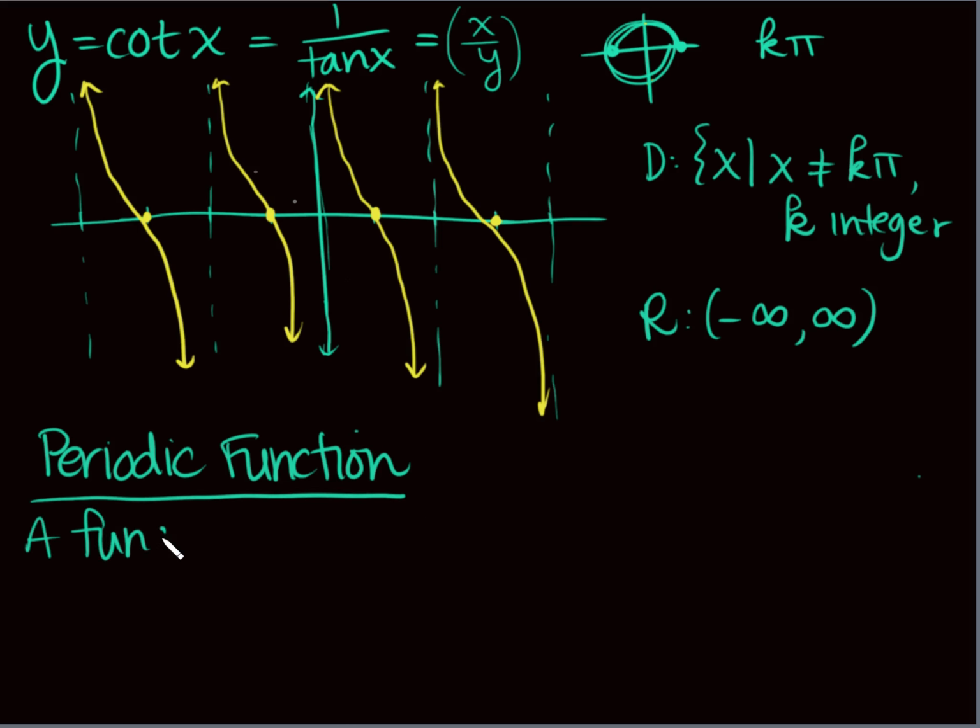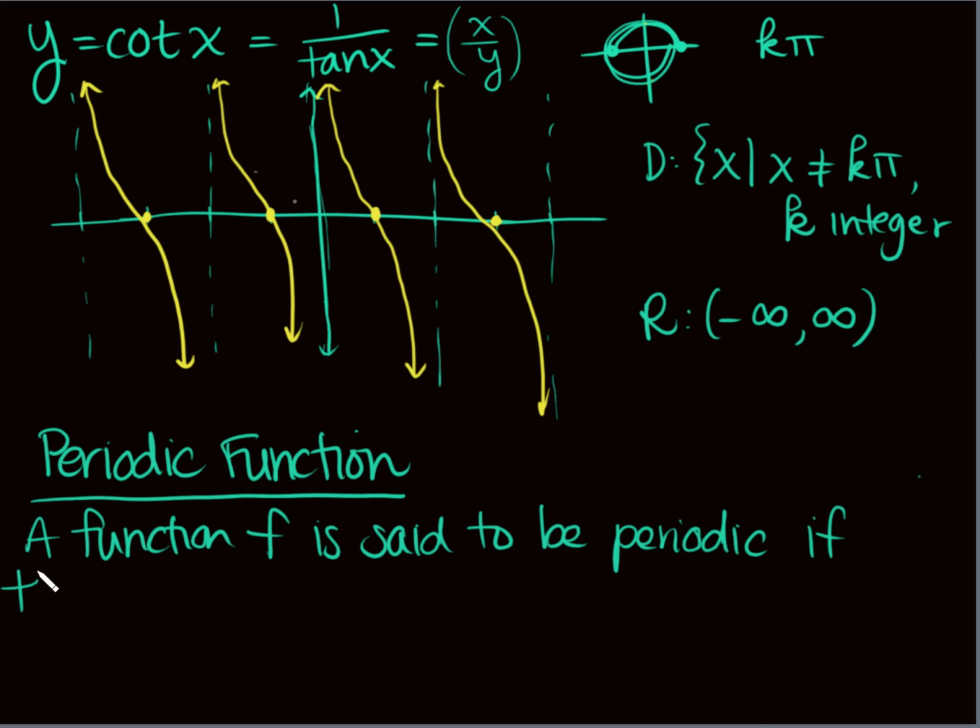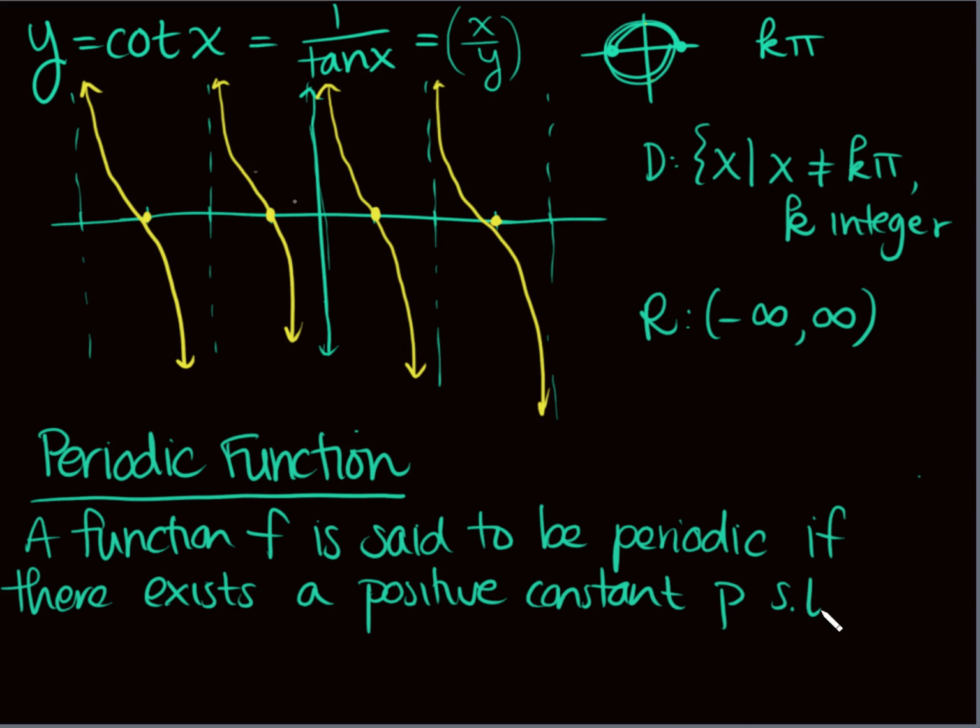A function f is said to be periodic if there exists a positive constant p such that f of s plus p equals f of s for all s in the domain of f.